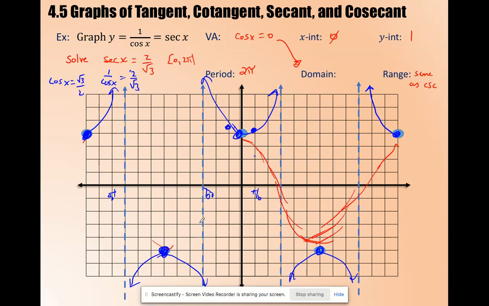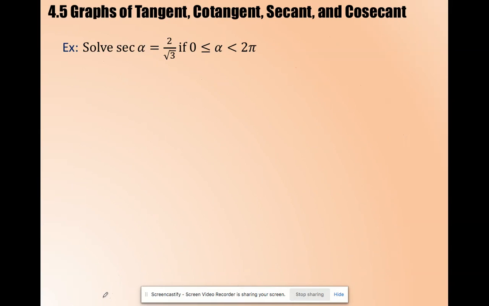Crazy. So that's what this slide is. Look at this, copy that one down for a minute. That's exactly what we just did. Notice that I'm asking you for 0 to 2 pi. I don't think secant. I say to myself, that's really 1 over cosine of alpha.